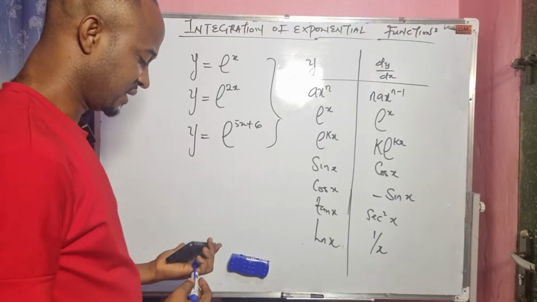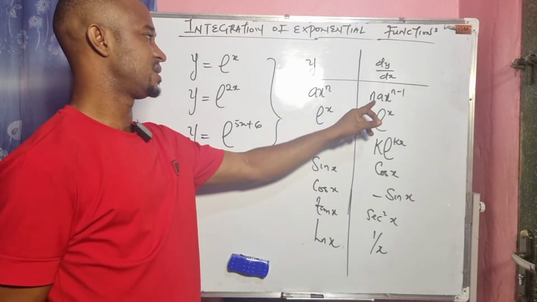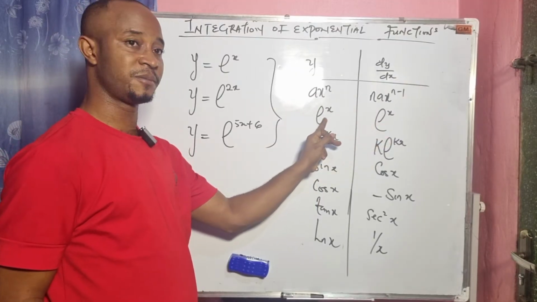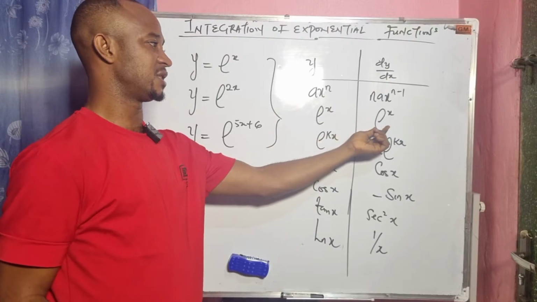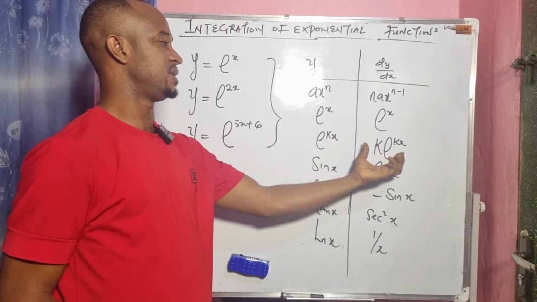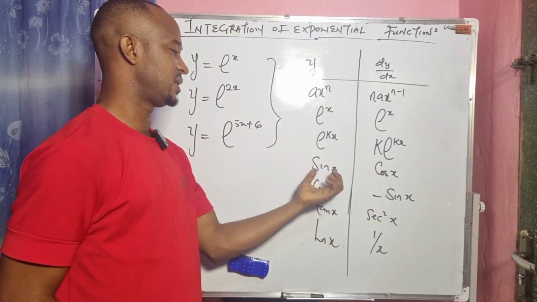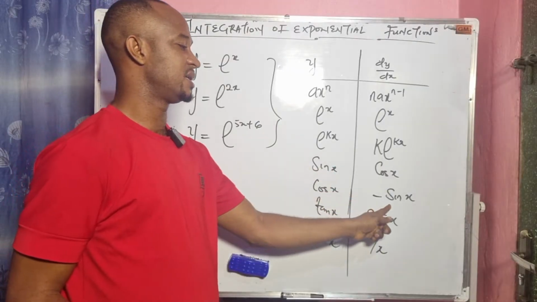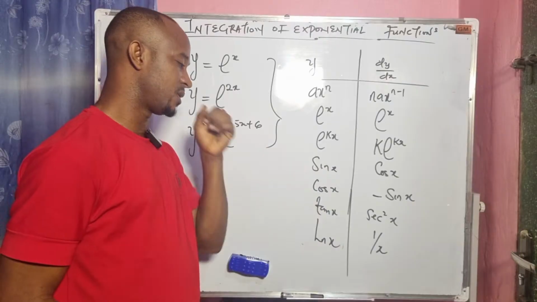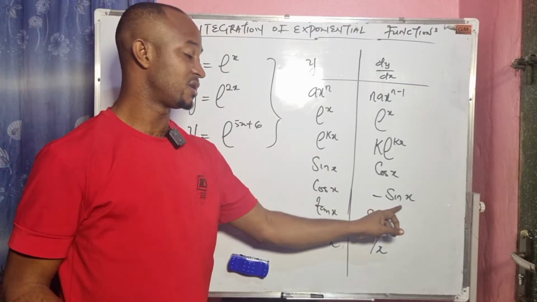Then we say that integration is the reverse process of differentiation, meaning if we integrate this, it will give us this. The integral of e to the x is the same as what? e to the x. Integrating cos x, the result is sin x. Integrating sin x, the result is minus cos x, because differentiating cos x will always give us minus sin x.